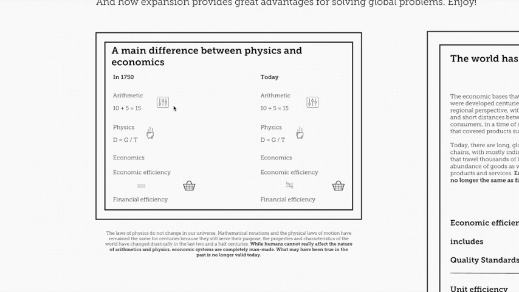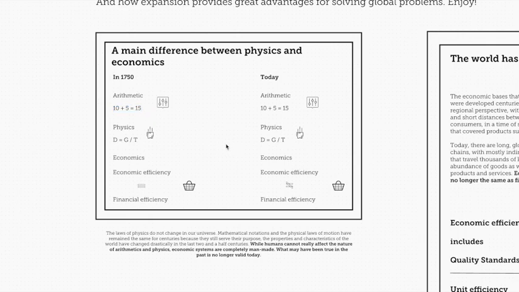And as you can see here from this very easy visual, in arithmetic in 1750, when the basis of contemporary or modern economics were being made and developed, at that time the arithmetic was already very well established in a decimal system, numeric.